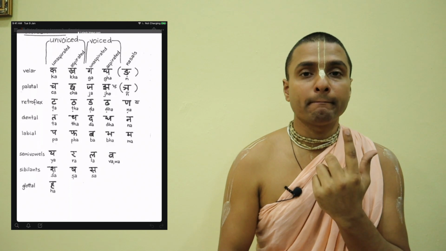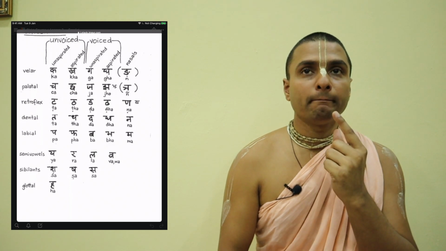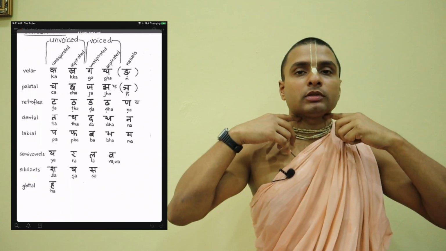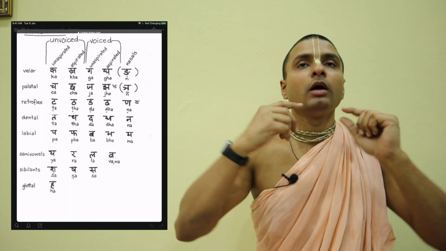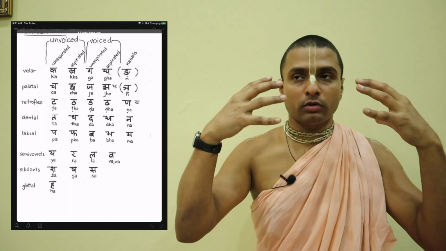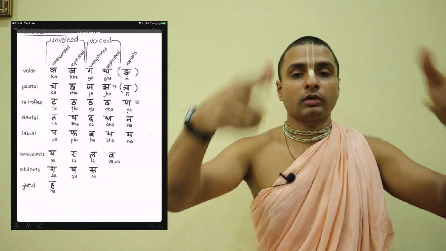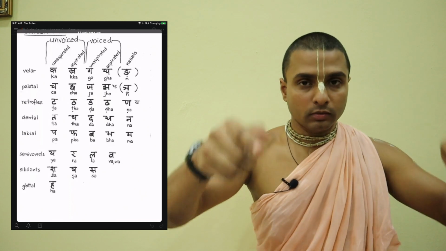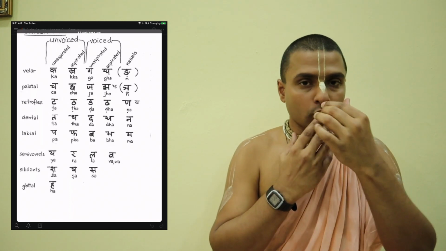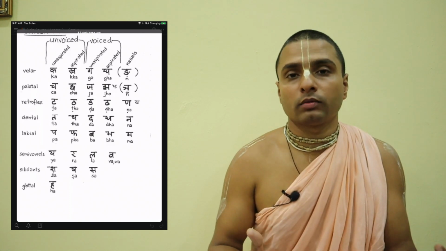When you say ma, you see the mouth is closed, but where is the sound coming from? The sound goes into the mouth, resonates there like a resonance chamber, and then comes out of the nose. So when you close both nose and mouth, you can't make any sound.